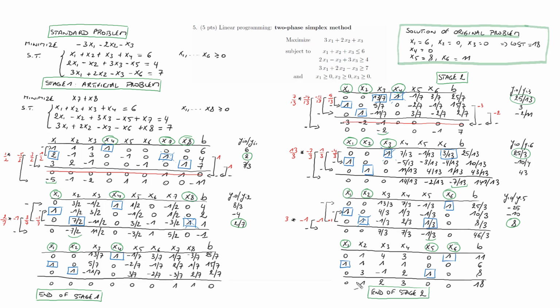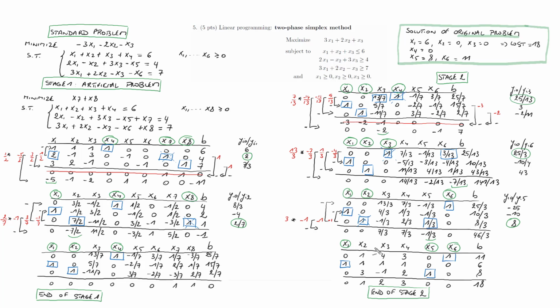We can see here that all the reduced costs are positive, which means that we are at the end of stage 2. We have 3 basic variables, right? X1, which is an original variable, and the other 2 basic variables are, well, here are the surplus variables, right?